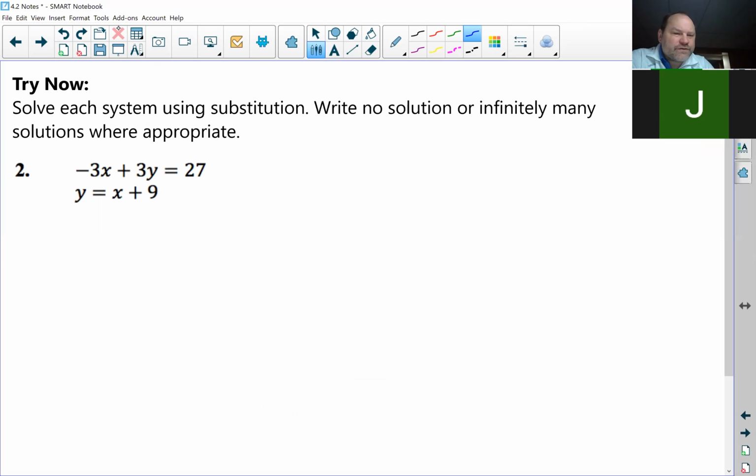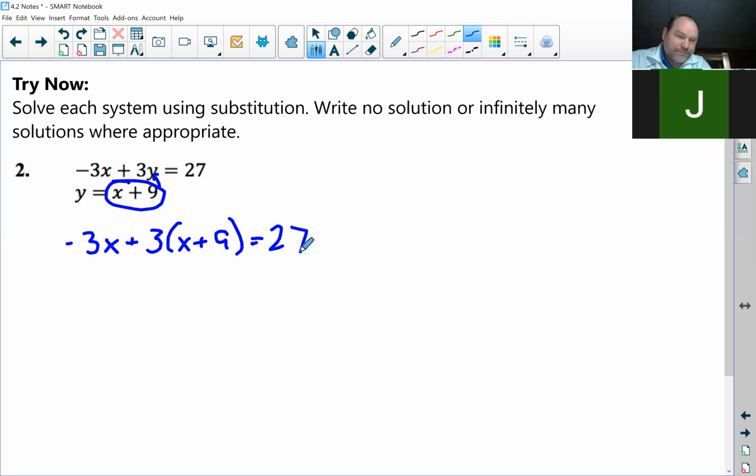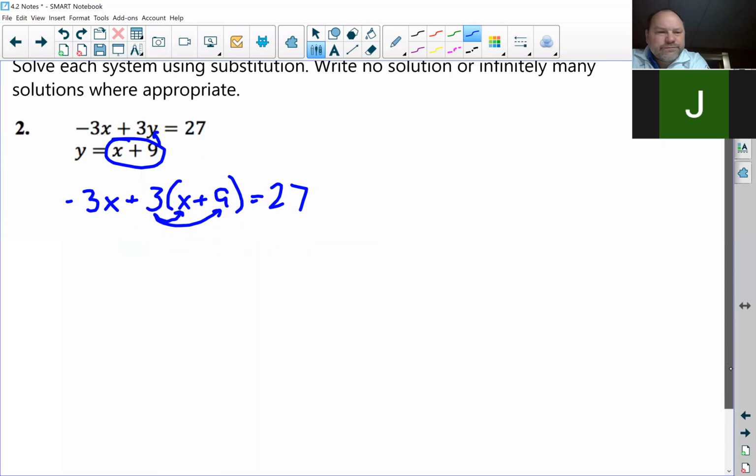For my second example, for the second try now, I'll take what y is equal to in the second equation, plug it into the first: minus 3x plus 3 times whatever y is equal to, in this case, x plus 9, equals 27. I am going to distribute or multiply by 3 on the second part of that equation.